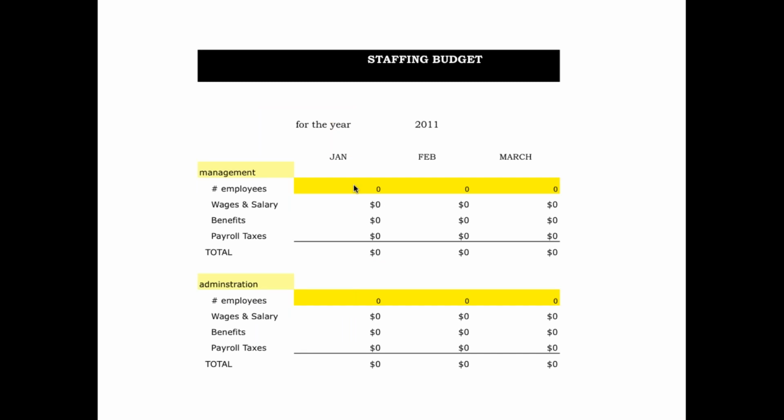So if you're just working them 3 months a year, just put them in those 3 months. We're going to assume you can hire and fire at will, and that you can get the employees you need when you need them. Because again, we're doing pro forma here. This isn't reality yet.